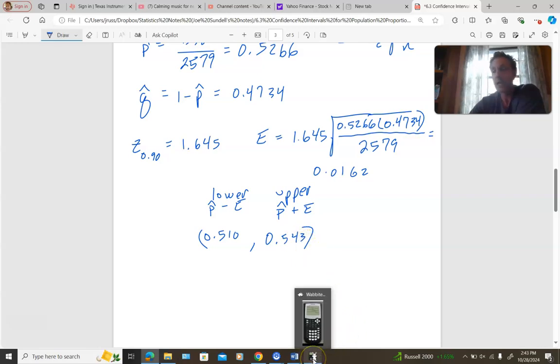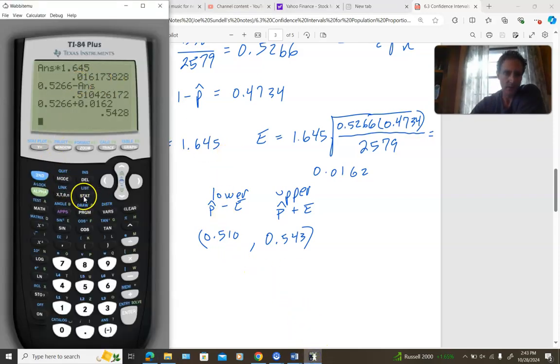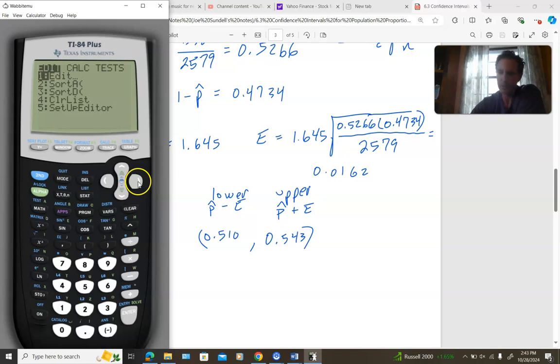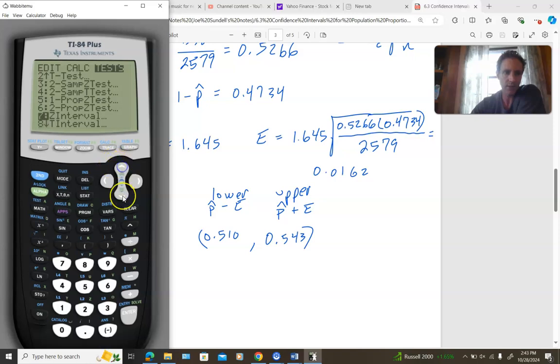Now what I'm going to do is show you how you can do this using the calculator, and this is really convenient, guys. So you come over here to stat again, just like we've been doing. You go to tests, and instead of doing a z or t interval like we did in 6.1 and 6.2 respectively, you're going to come down here and go to A, where it says 1 proportion z interval.